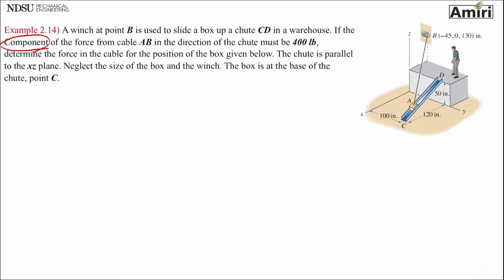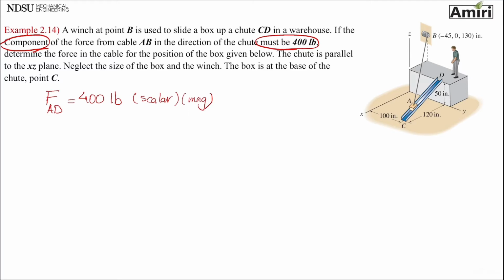Component along a direction, so it's a scalar. So what we're given is F along chute AD is 400 pounds, a scalar magnitude.